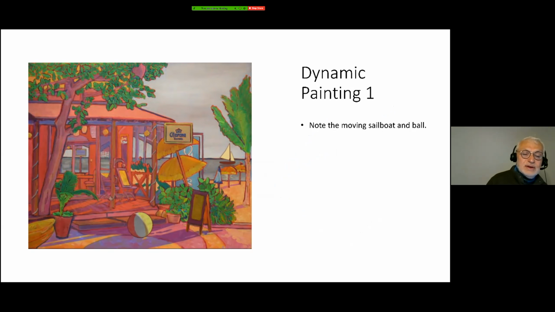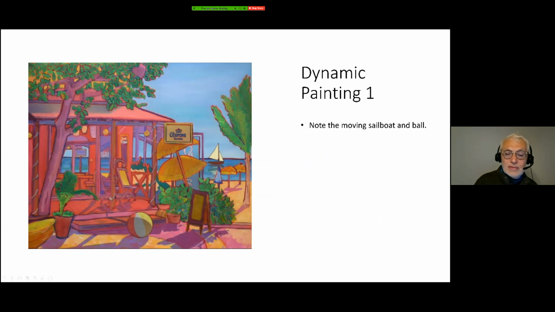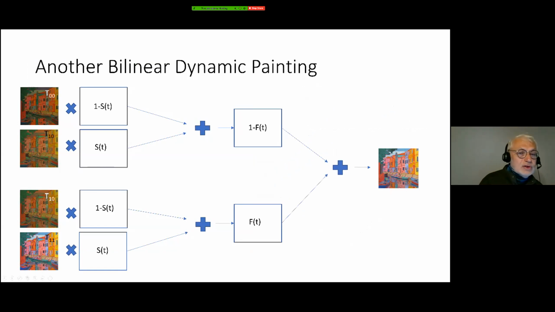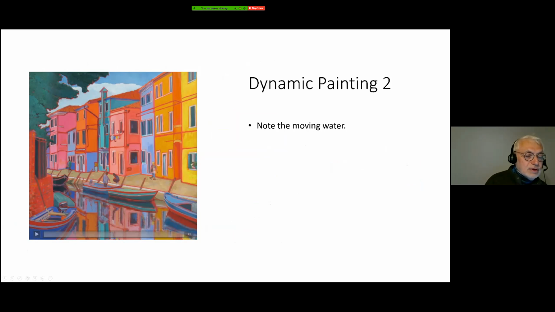You see that the sailboat is moving, and you see the reflection of the sailboat, etc. This is another bilinear painting from the same artist. This is Venice, and this one is a little more interesting because we have the reflections in this one too.